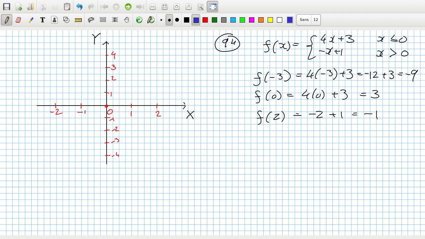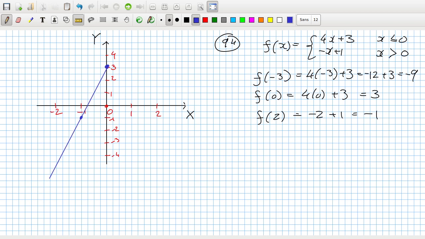So when it's negative, it's 4x plus 3. Well, I know it's going to cross the y-axis at 3. And actually, I'll use that point there. Minus 3 is way too small, so I'll just use minus 1. 4 times minus 1 is minus 4, plus 3 is minus 1. So, yeah, okay. So it's a line like that.